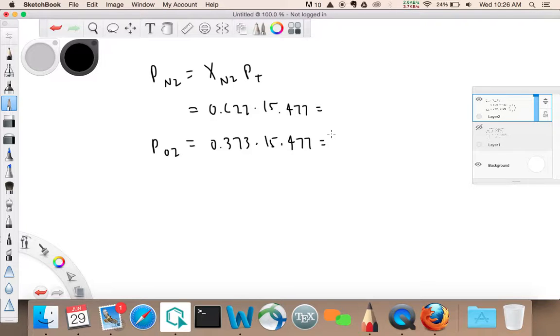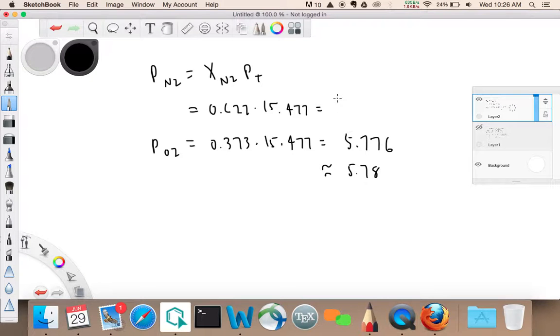Partial pressure of oxygen is 5.776, really 3 sig figs, right? So 5.78.